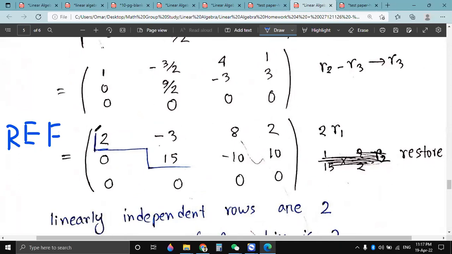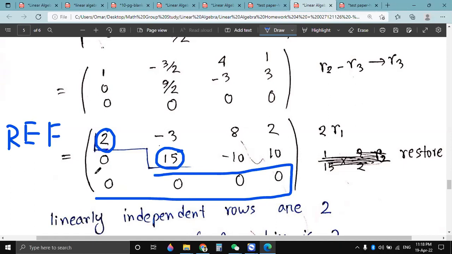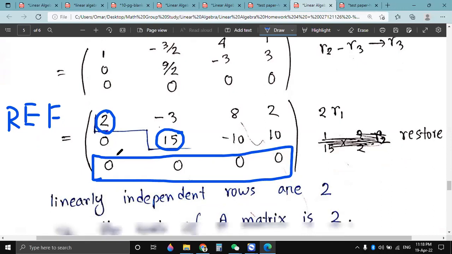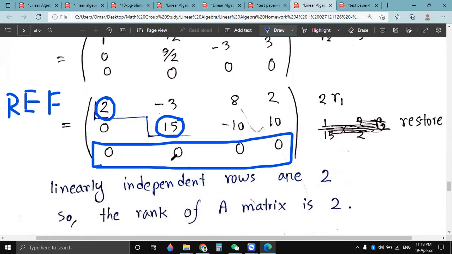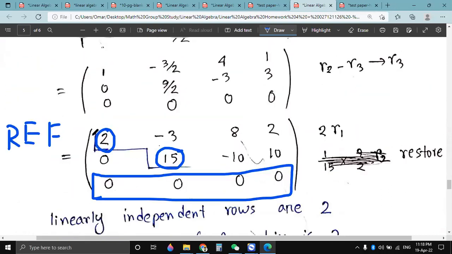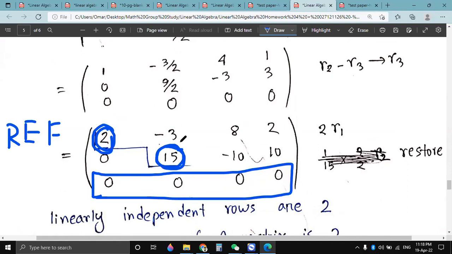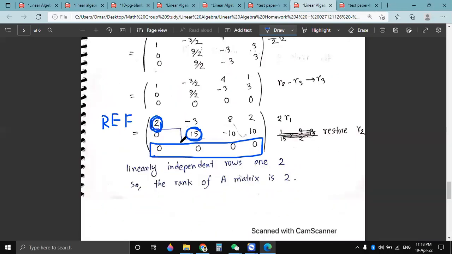So if you see here, we have first non-zero entries here, and first non-zero entries here. And in the last row, all the entries are 0, right? So we can say that the rank of this matrix is 2, right? 1 and 2, because we have only 2 non-zero rows here. Guys, can you understand?